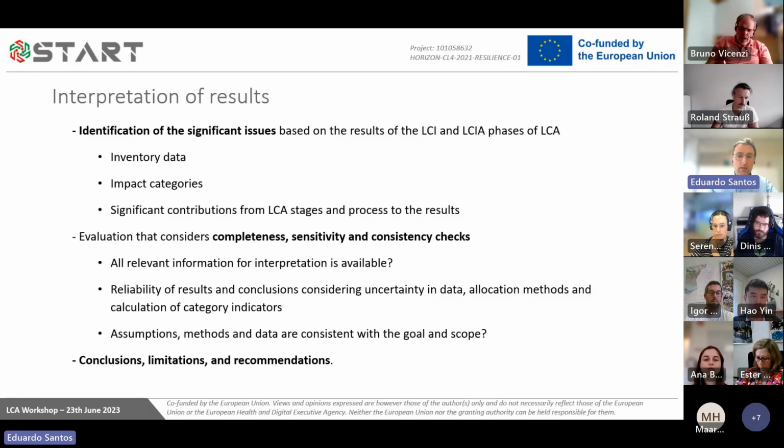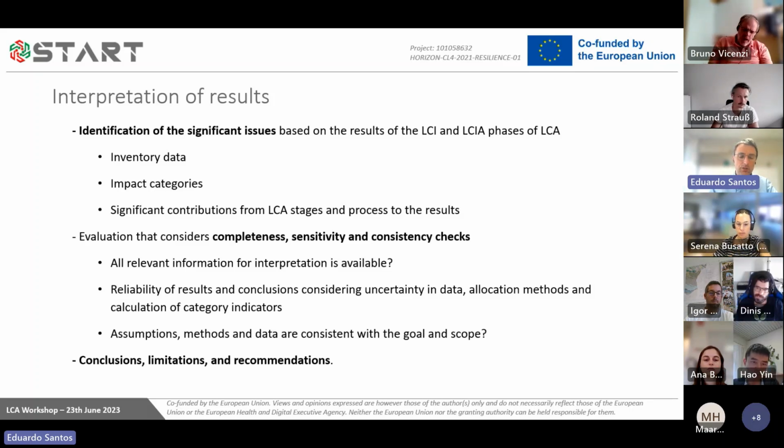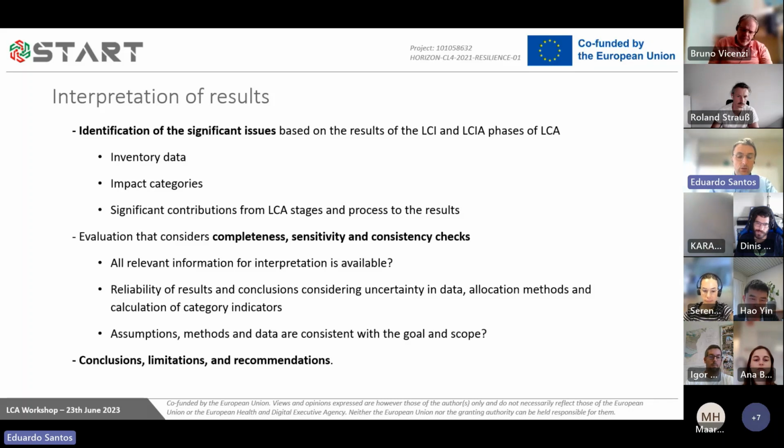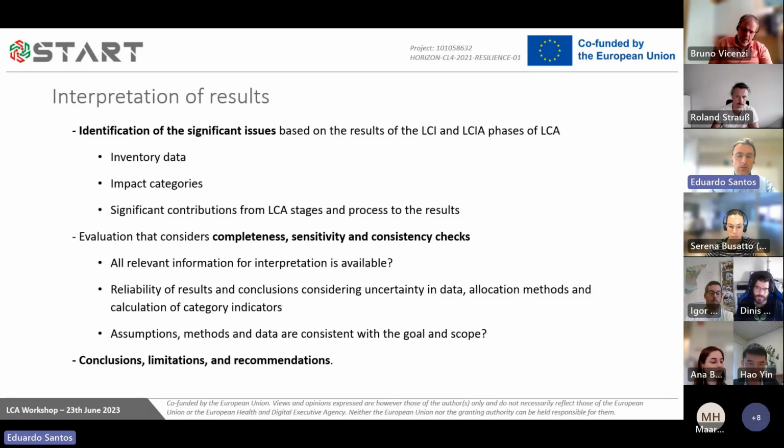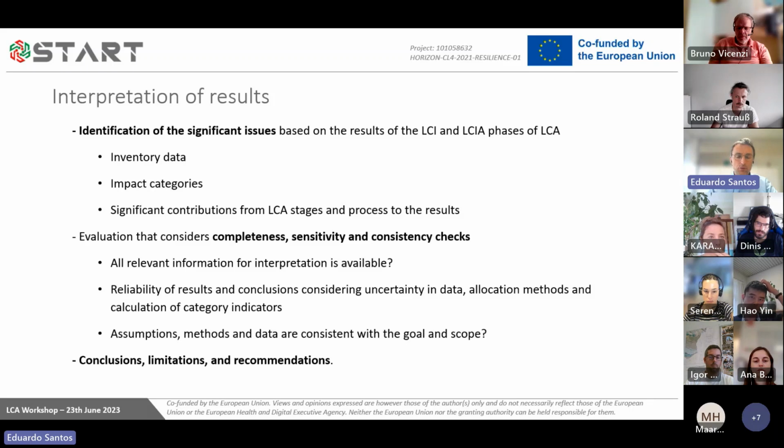So in effect, even a full LCA methodology is never done to its full extent. So it's not an exact picture of the product system. It's always a representation. So we should be able to say what are the limitations that the methodology and the results have compared to reality, and also provide some recommendations on how to improve for future LCAs, or even, coming from the results of the LCA, how to improve on the product or the product system.